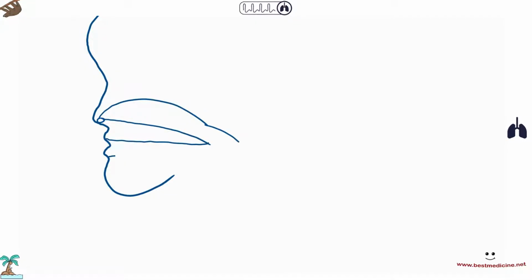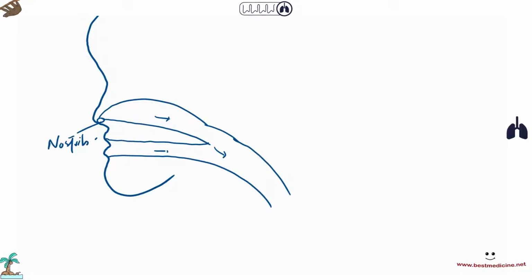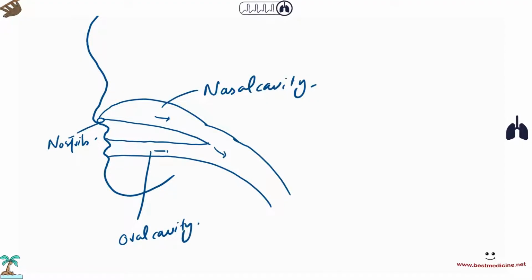So as the person breathes, air is going to go into two things. These are called the nostrils, through which air is going to go into the nasal cavity, and air is going to go into the mouth, the oral cavity. And then eventually it's going to go into the pharynx. Pharynx is just a fancy word for the space behind the mouth and the nose.